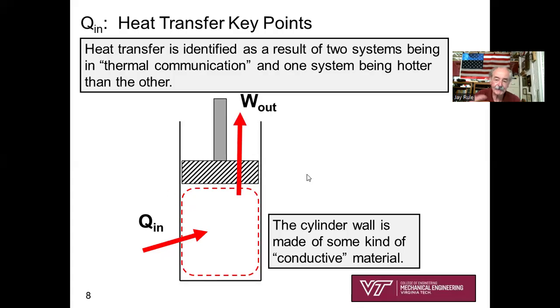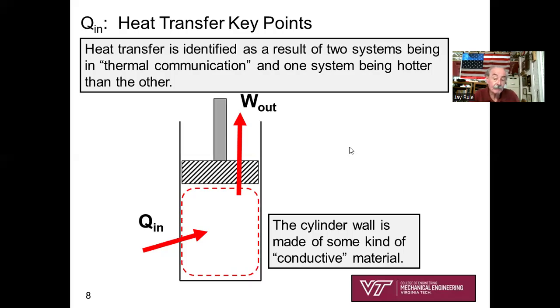So if you think back to some previous videos, remember I showed a picture of a thermos jug, where there are two vessels, and in between the vessels there's an absolute vacuum. Well, that means that the surroundings and what's inside the thermos bottle are not in thermal communication because there's no mass in between them. So the important point is the cylinder wall is made of some type of conductive material.